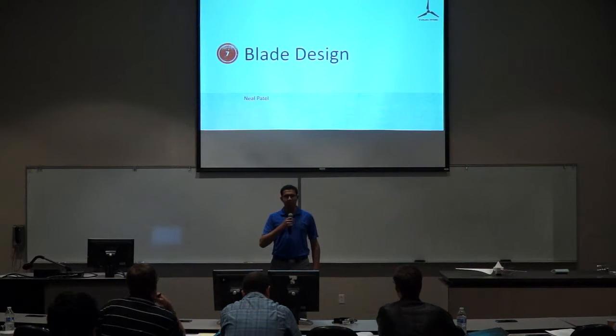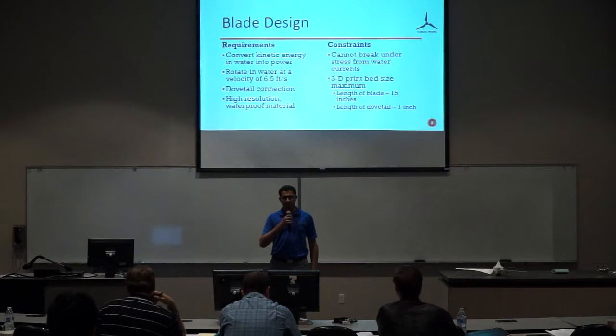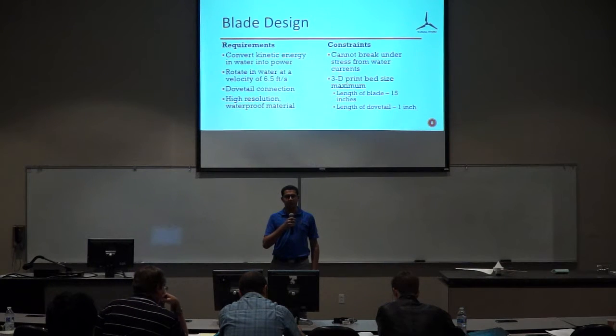Good afternoon, everyone. I'll be talking about the blade design. So for the blade design, the requirements are that it must be able to convert kinetic energy in water into power. It must be able to rotate in water at a velocity of 6.5 feet per second. It must have a dovetail connection, and it must be printed with a high-resolution waterproof material.